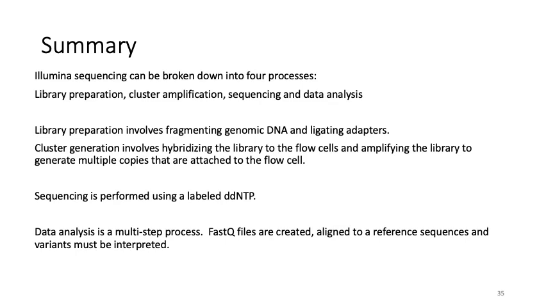In cluster generation, the library is hybridized to flow cells and is amplified to generate clusters. Sequencing is performed using labeled dideoxynucleotides. Data analysis is a multi-step process. FASTQ files are created, aligned to a reference sequence, and variants must be interpreted.